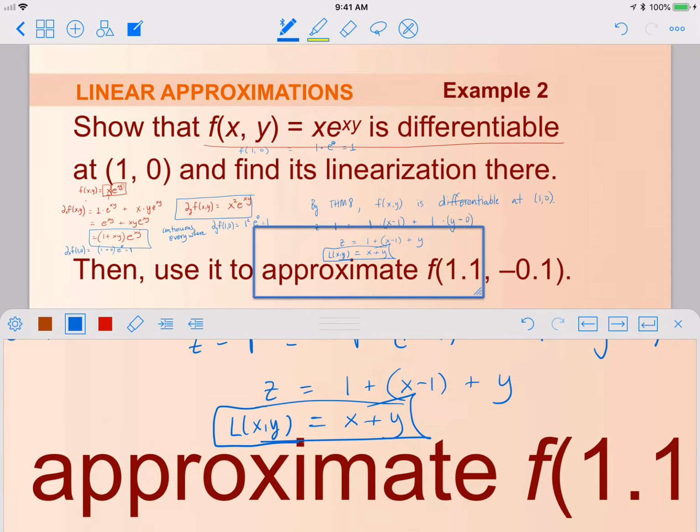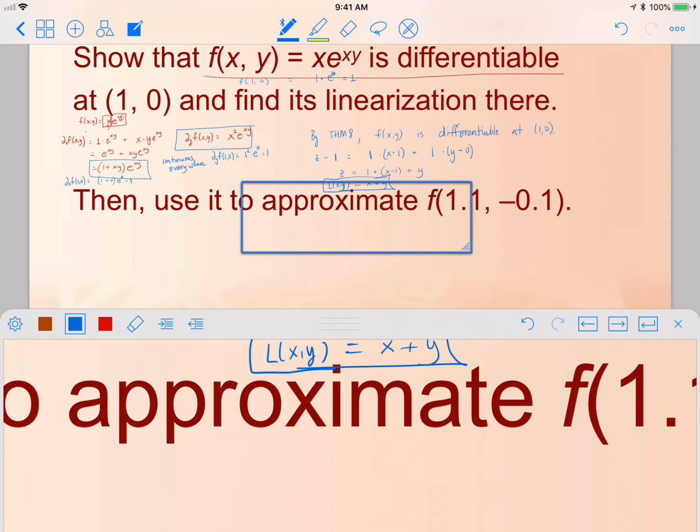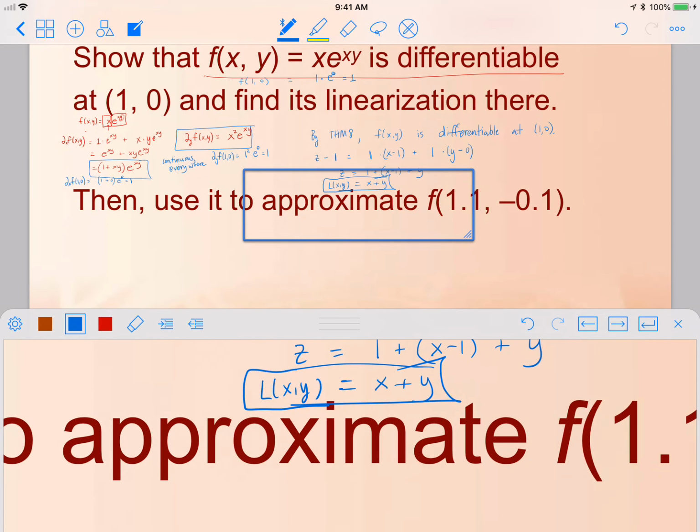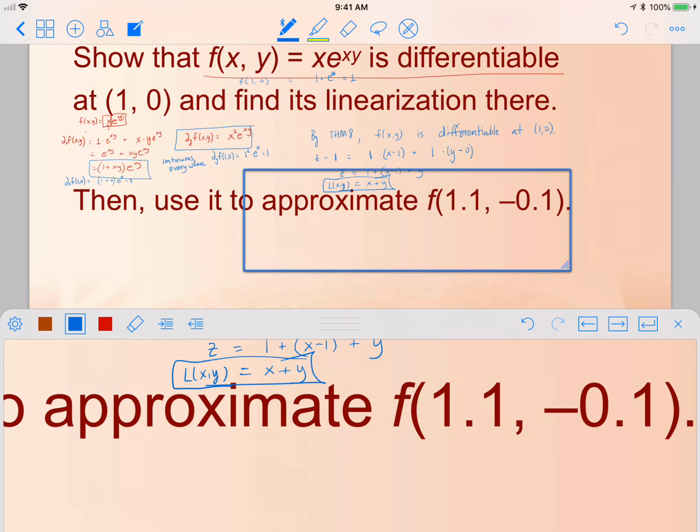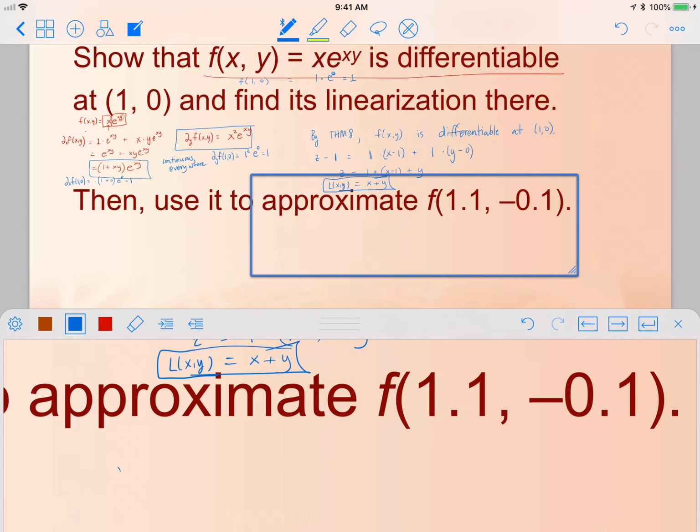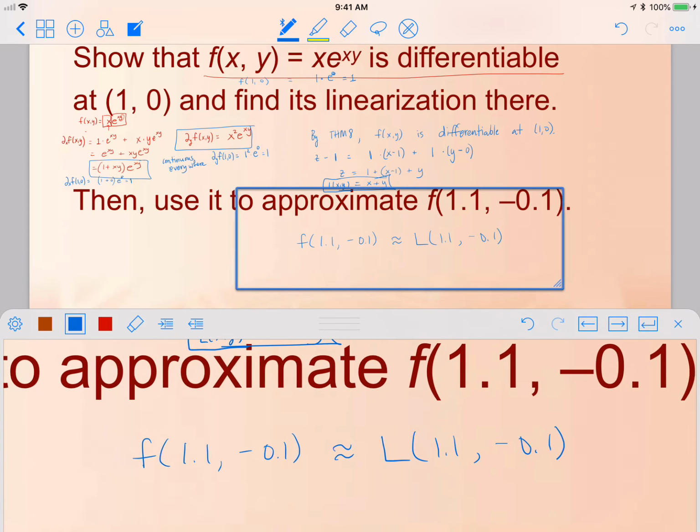And now we're supposed to use it to approximate f of 1.1 comma negative 0.1. So f of 1.1 comma negative 0.1 is going to be approximately L of 1.1 comma negative 0.1, since f is differentiable at the point 1 comma 0.